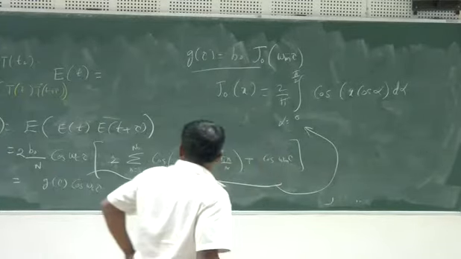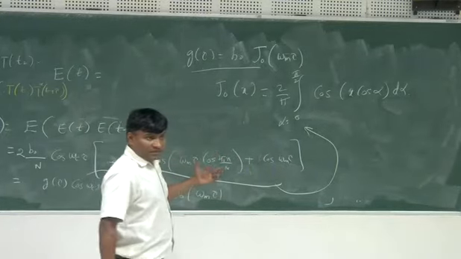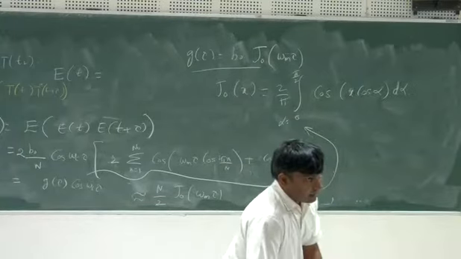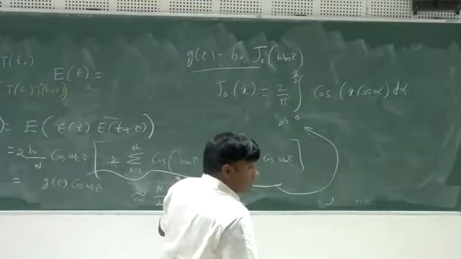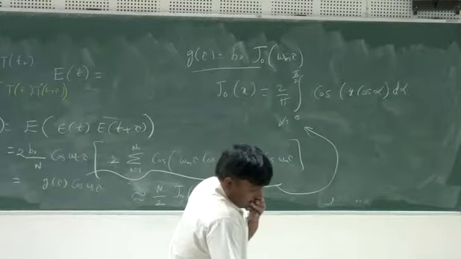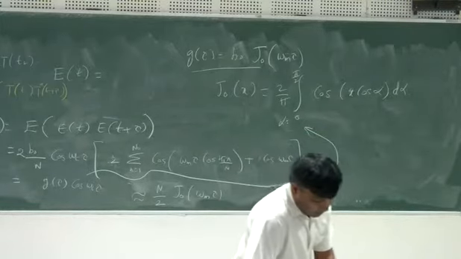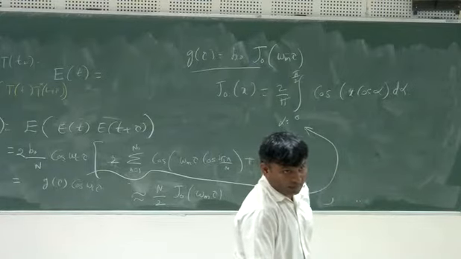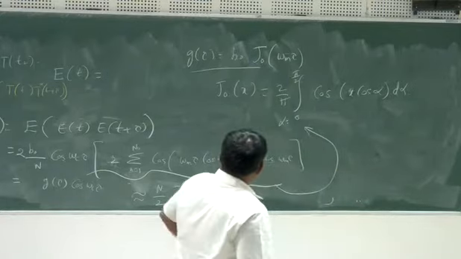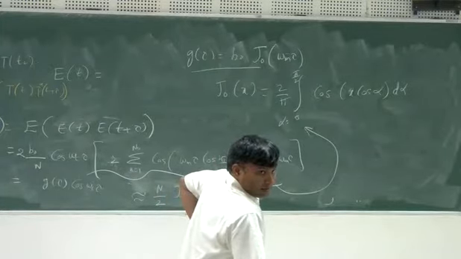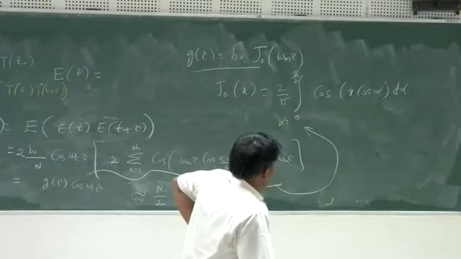What I want you to do is first simulate E of t and then calculate the autocorrelation function numerically in MATLAB. Of course, you might want to calculate the autocorrelation function for the discrete baseband function, and then compare it with the Bessel function of omega m and tau.